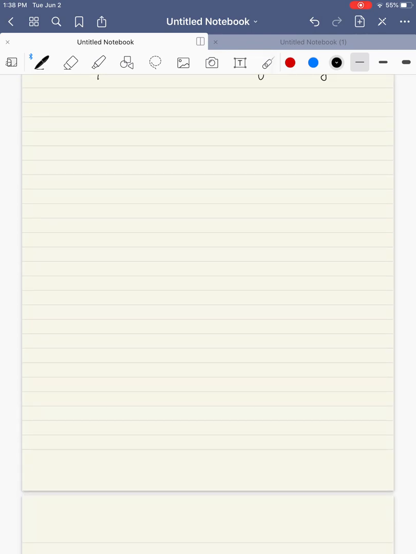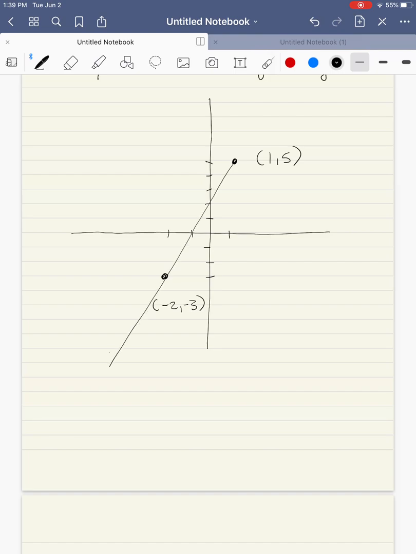If I had two points on a line, for instance, let's say that we have the point negative 2, negative 3, and we have the point 1, 5. And those are 2 points on a line. And I wanted to find the slope of the line.